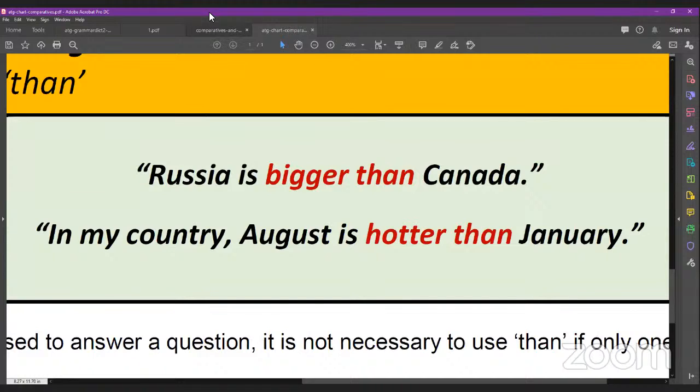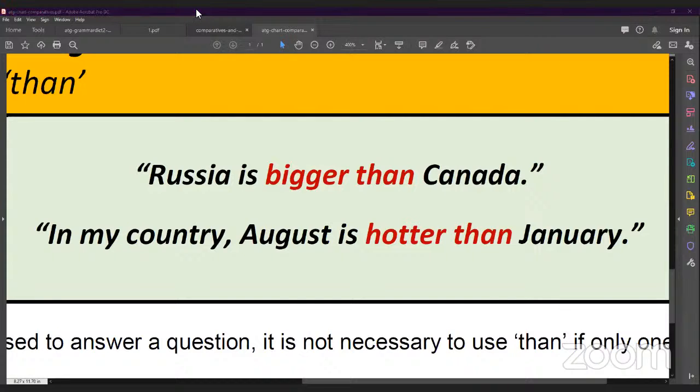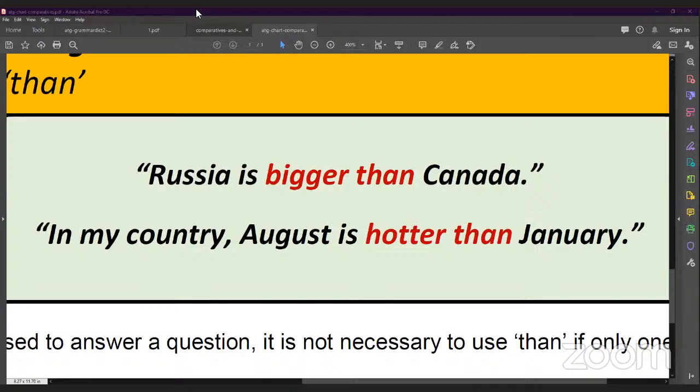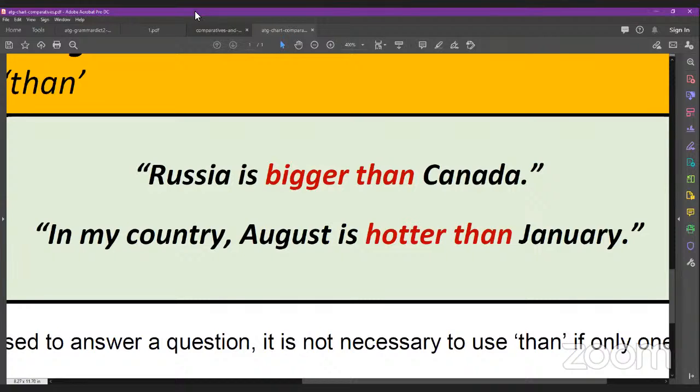Who can tell me an example of an irregular adjective? No one. Come on, guys. Okay, I give you an example.